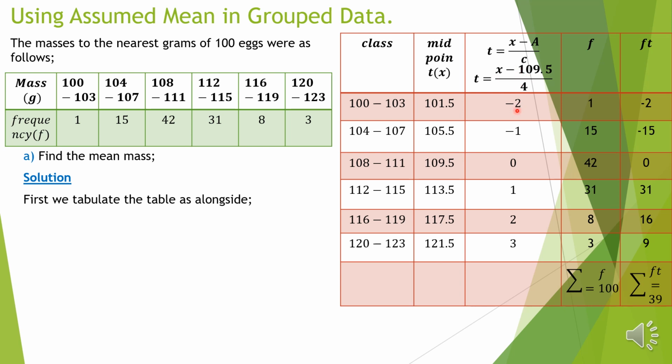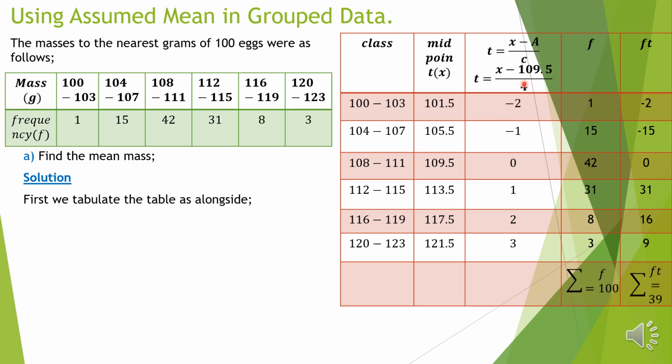We get negative 2. 105.5 minus 109.5, we get negative 4, divided by 4, we get negative 1. Then 109.5 minus 109.5, we get 0, and 0 divided by 4 still remains 0.